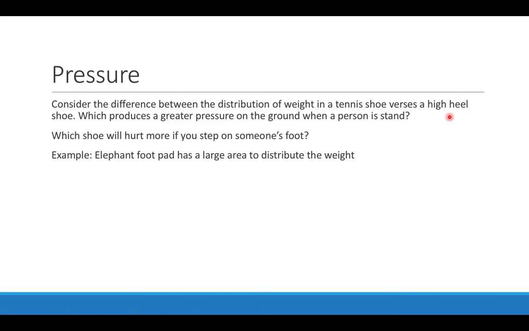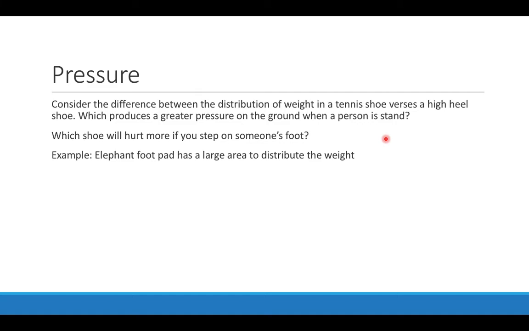The same amount of force is being applied on the ground in both cases, the tennis shoe and the high heel shoe, but the pressure is different because the way that the weight or force is distributed is very different based on the surface area. Maybe not everybody has the same idea of a high heel shoe, but you certainly get the basic idea.